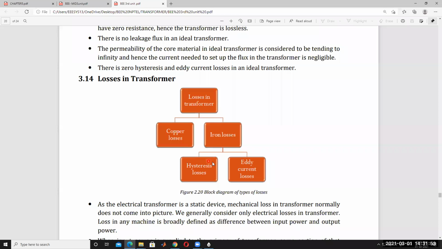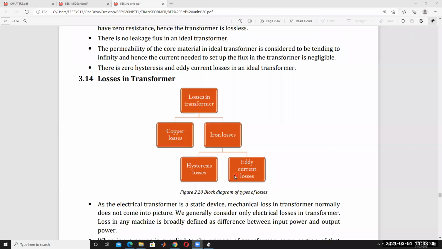Eddy current loss depends on the insulation; if the insulation is designed well, eddy current loss is less. If the transformer core has very good properties, hysteresis loss is less. These losses depend on voltage.